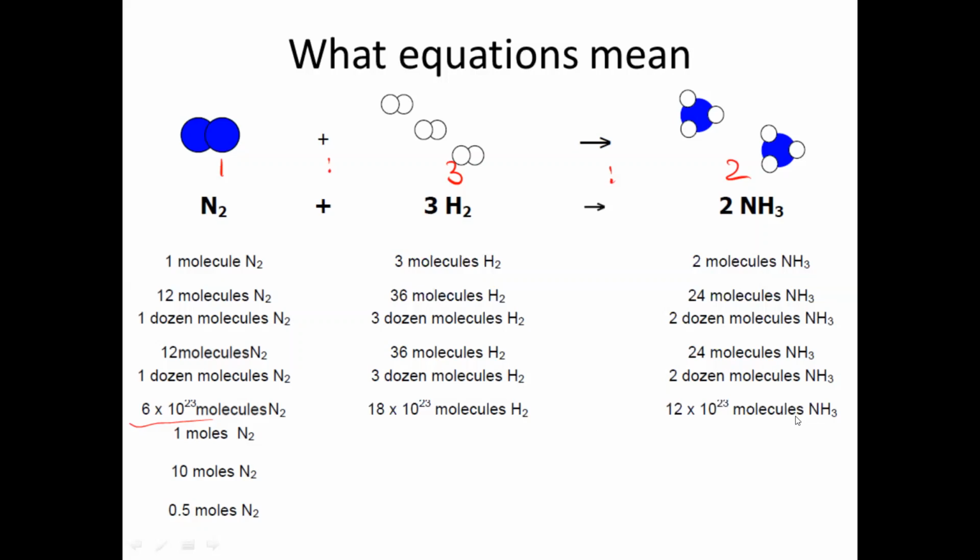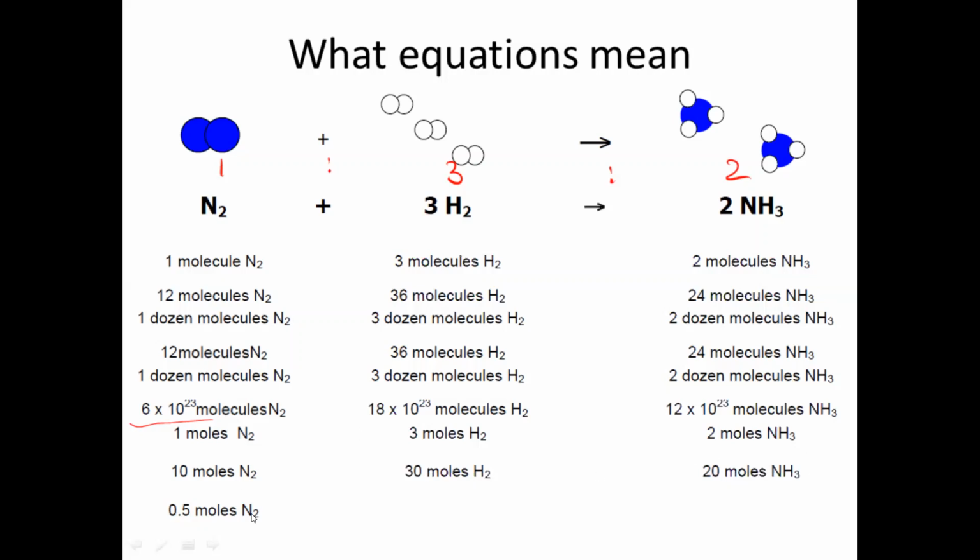But these numbers are long numbers and it's a hassle, so instead we just use moles. Instead of saying 6 times 10 to the 23, 18 times, we just say 3 moles, 1 mole, 2 moles. The ratio is 1 to 3 to 2 all the time. If you have 10 moles, then we have 30 and 20.